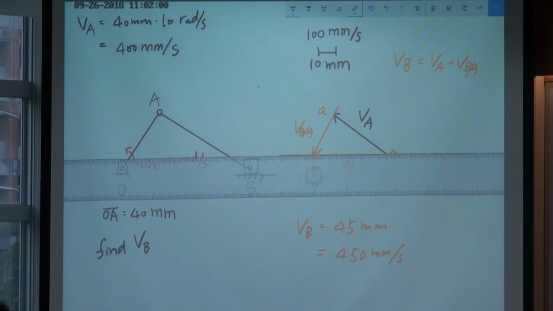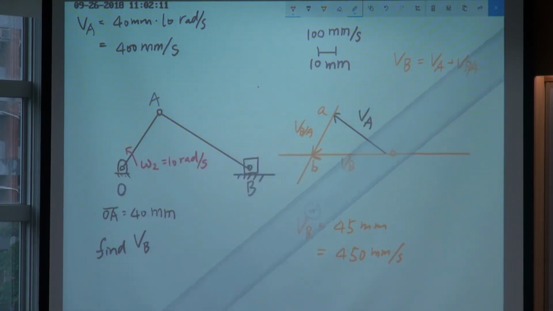That's the absolute velocity of point B. We can also measure VBA.